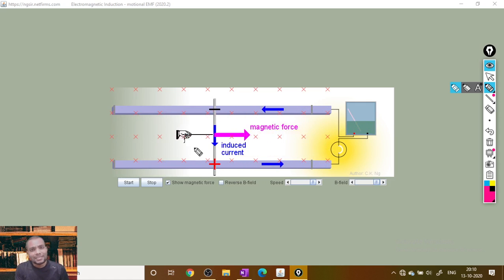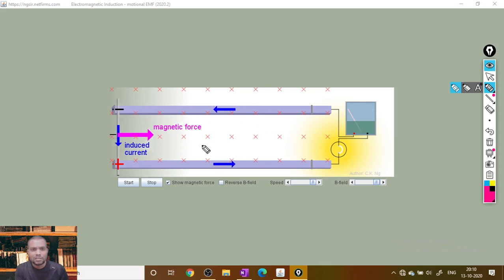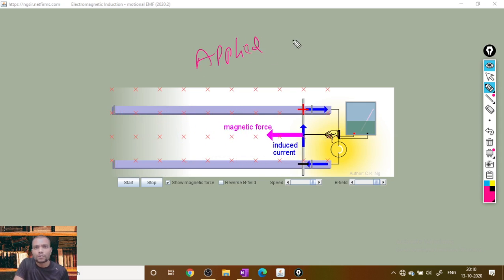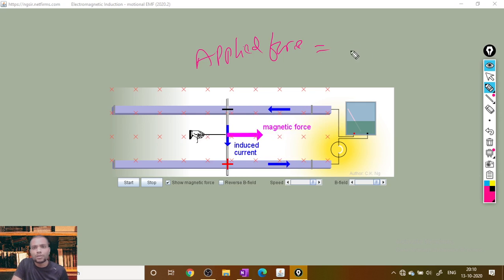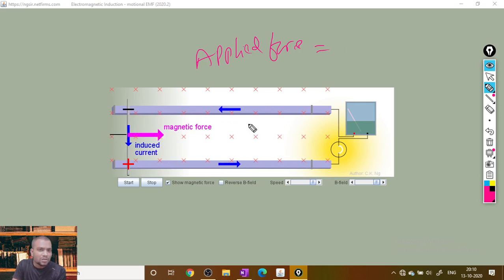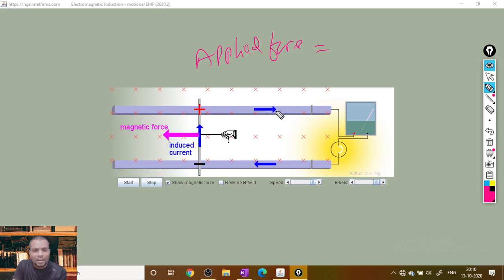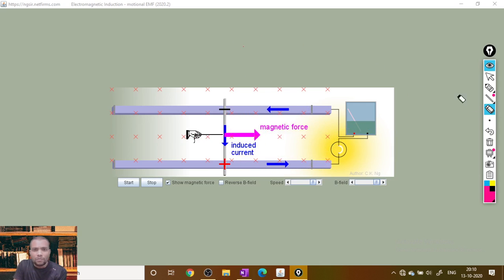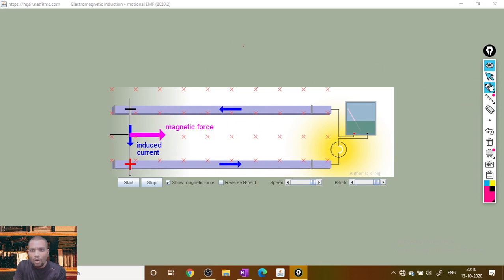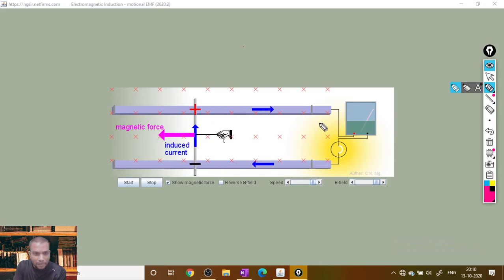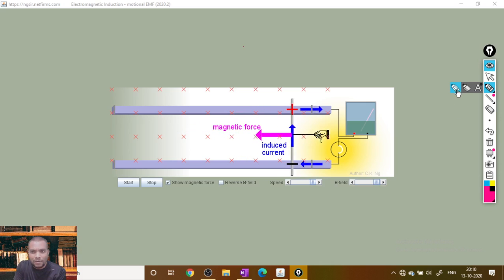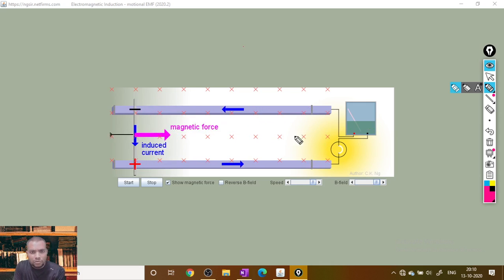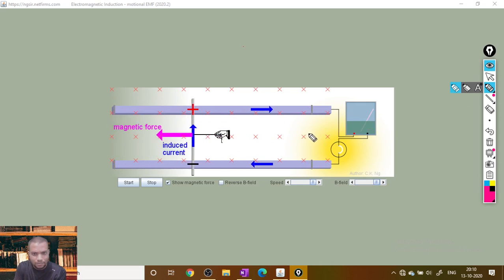Now to maintain constant velocity, the applied force should be equal to the magnetic force. In that case we reach the conclusion that the moving arm will lose power, and that power will be in the form of Joule's law of heating.